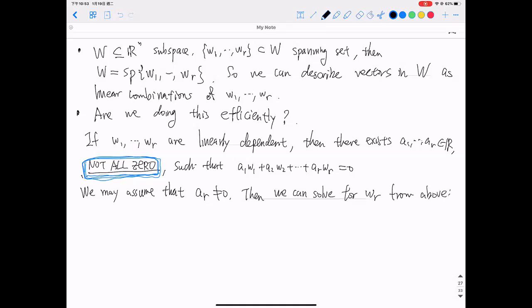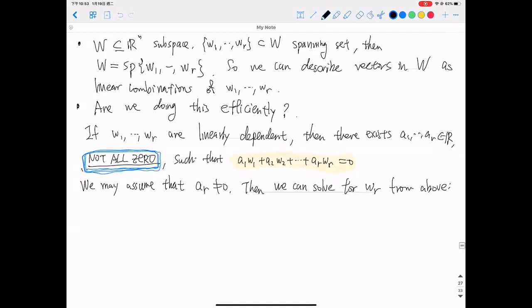We have this relation among the W's, and AR is not 0, so I can divide by AR and move WR to the other side.